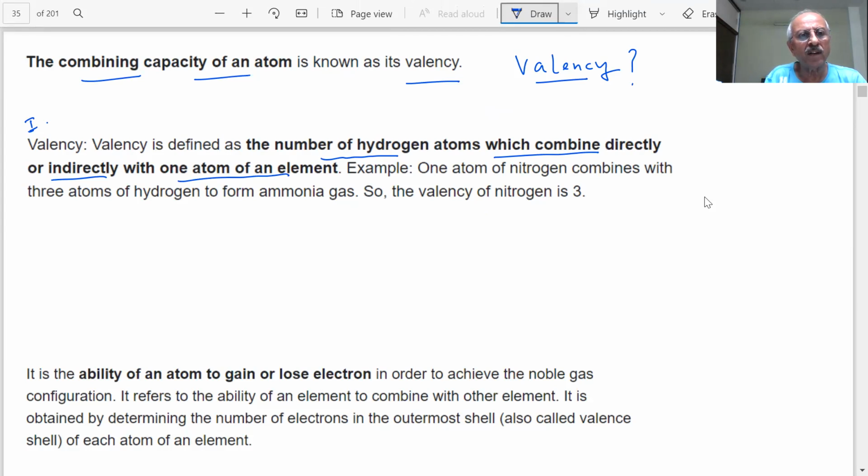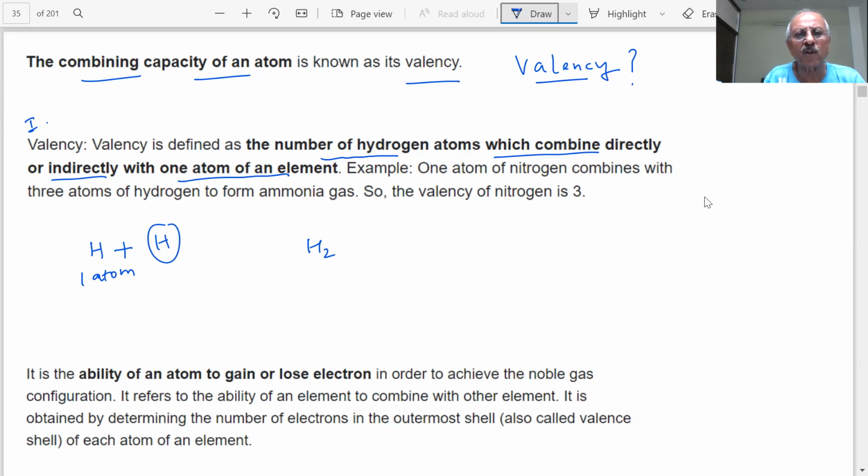For example, students, if I say hydrogen, it exists as H2. How many hydrogen atoms have combined with this hydrogen in this case? One atom of hydrogen is combining with another one atom.